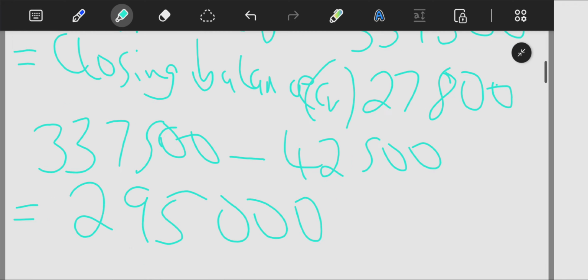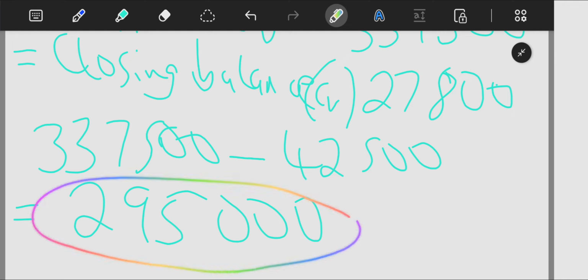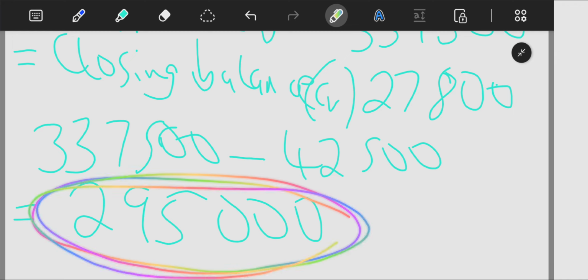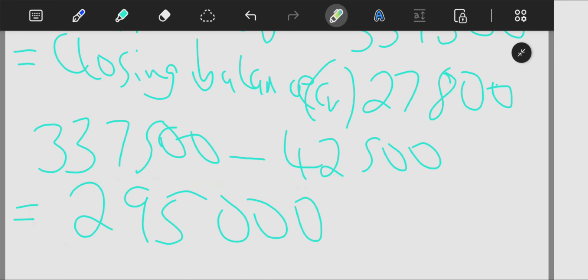So, if at the end of the year we owe them this amount, and this was the balance that is due to SARS this year, then how much did we pay? I'm repeating this. This is the liability that is due to SARS. At the end of the year, this was due. How much did we pay?